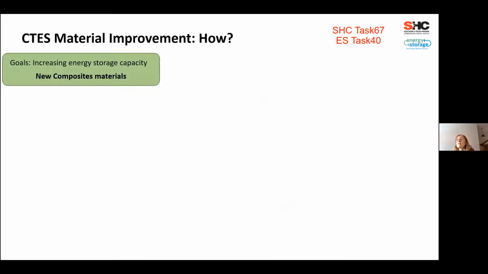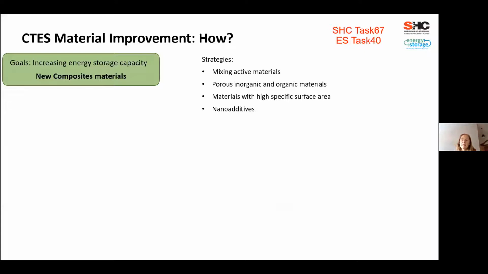We want to increase the energy storage capacity, creating new composites. In this case, we think about different strategies. For example, mixing active materials. This means that the materials that are in the composite are both active. Both the materials can store energy.